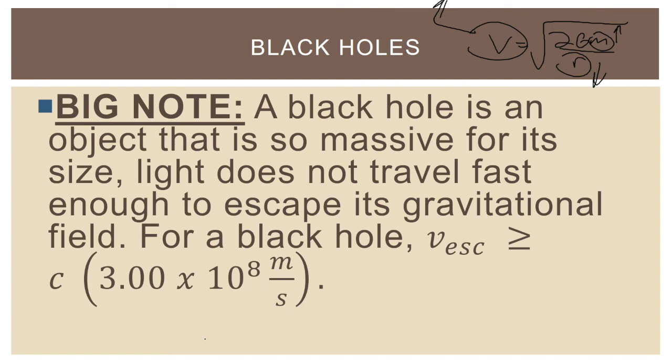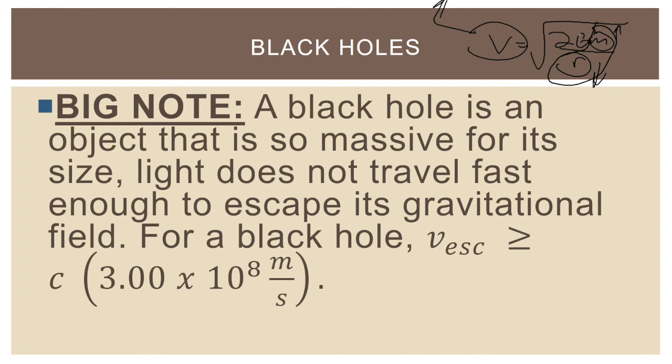It doesn't necessarily need to be really, really small in its actual spatial size. The radius doesn't need to be particularly large or particularly small, but essentially, as you can see from this equation here, it's about the ratio of m to r once you consider that it has to be multiplied by 2G.